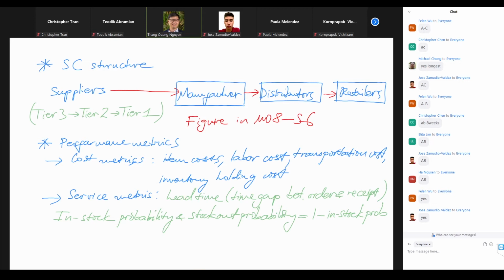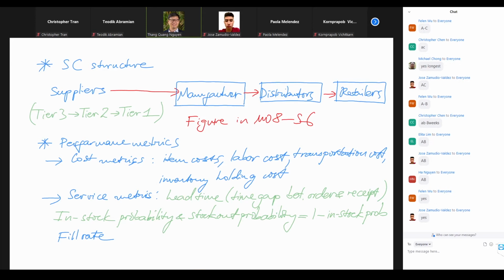So if we know one, then we just do 1 minus the other one. Right, so the lead time and the in-stock or stock out probabilities are the ones that we will talk about most later on. Besides, there's another service metric called fill rate. So if the customers order this much, how much can you fill?